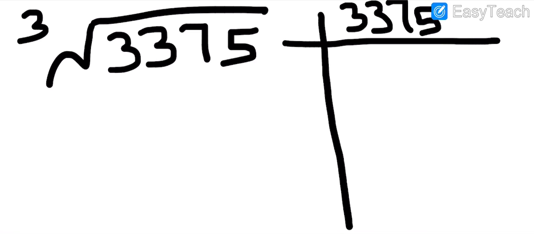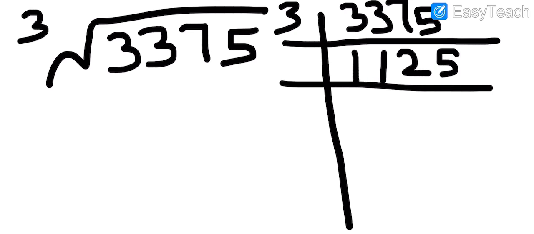Last number is 5. We can start with 5. We can start with 3. It's better to start with 3. It cannot go on 2. So we'll have 3 1s are 3, 3 1s are 3, 3 2s are 6, and 3 5s are 15.